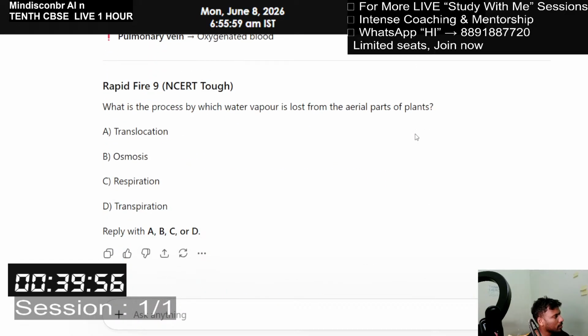What is the process by which water vapor is lost from the aerial parts of the plant? Transpiration.